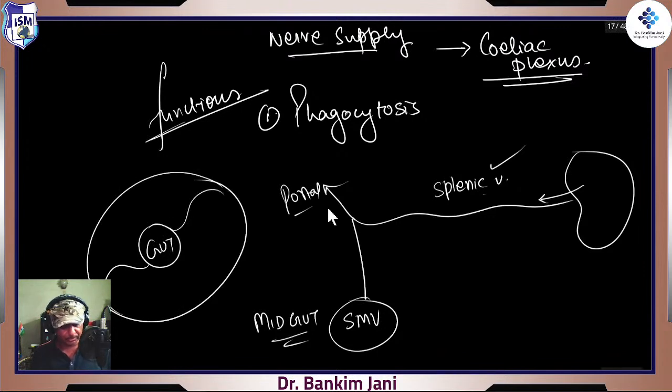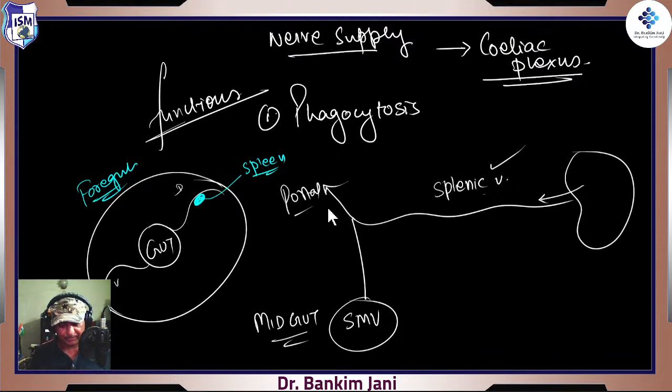This was the dorsal mesogastrium and this was the ventral mesogastrium. Then in dorsal mesogastrium, there was a small area which developed, and that was spleen, correct? And all these things are foregut. It is the foregut in which spleen is there.